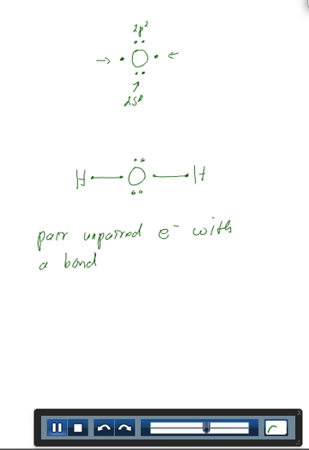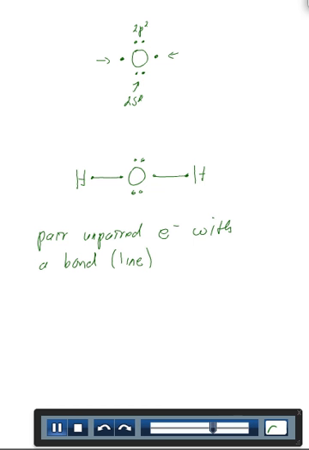We'll draw a line for the bond, showing that these 2 electrons are being shared by the hydrogen and the oxygen. So this shows us that there's 1 oxygen-hydrogen bond to each hydrogen atom in water. So this shows us the number of bonds that are existing in that molecule.